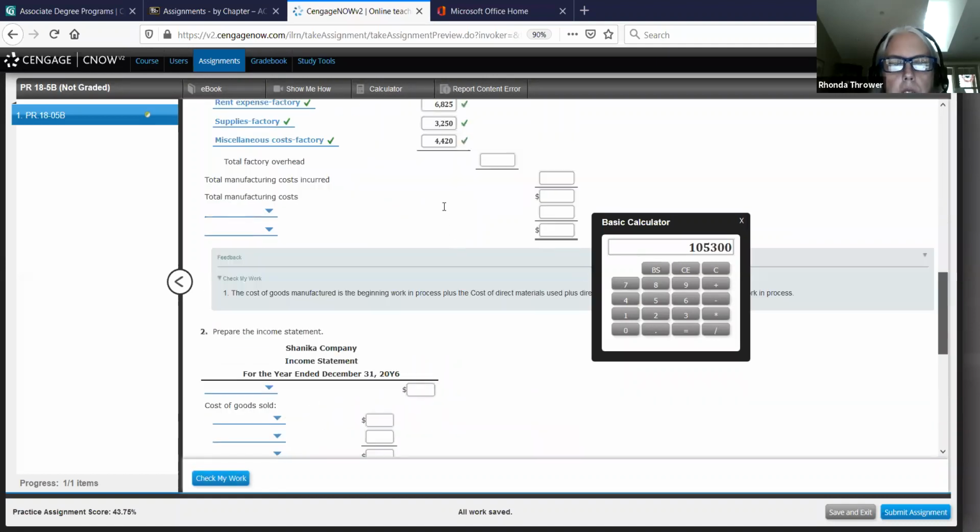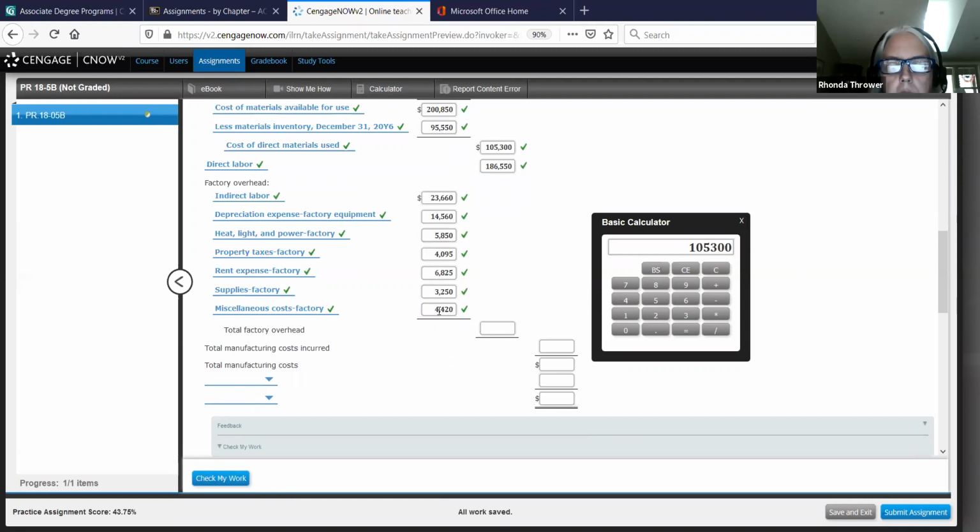Then what we need to do is combine all of our individual factory overhead accounts together to find one grand total for the factory overhead.